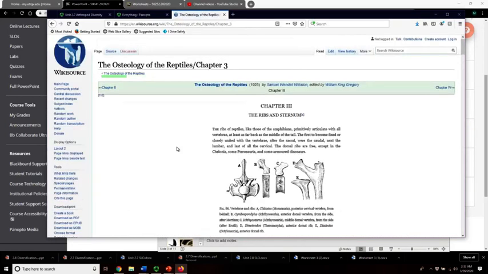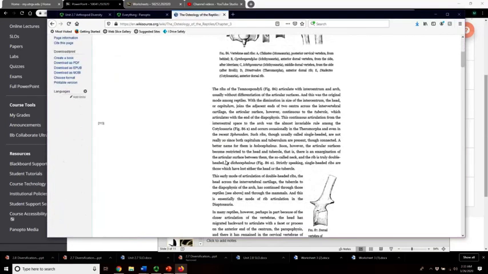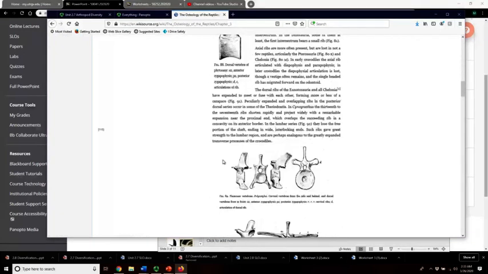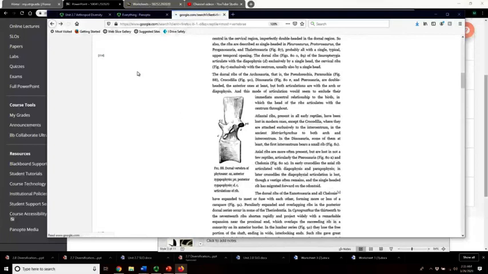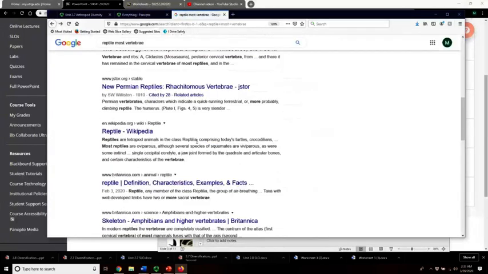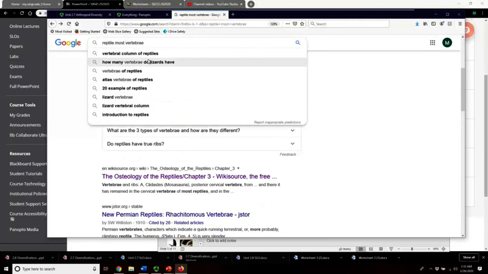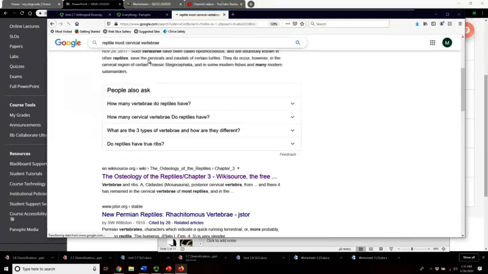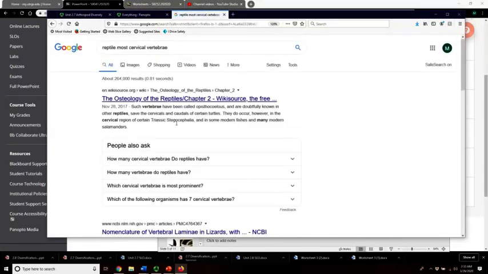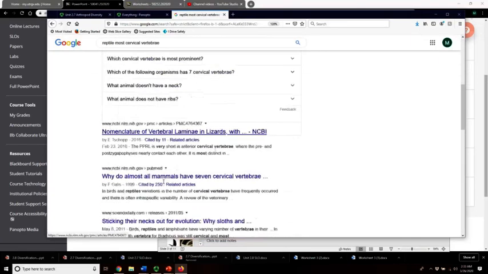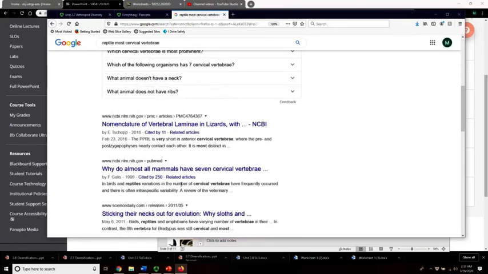Kind of a weird question, but anyway, I was curious, but it looks like it may not be all that easy to answer. Maybe because I need to put reptile with the most cervical vertebra. One last shot. No, internet, you can tell us anything, right? Yeah, lizards, owl mammals. This is an interesting one.